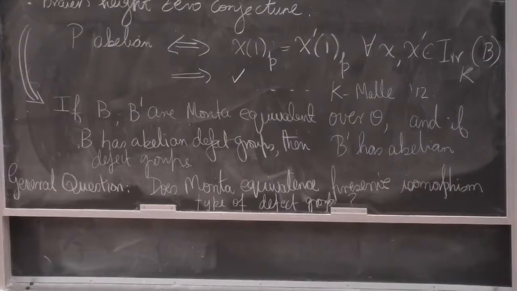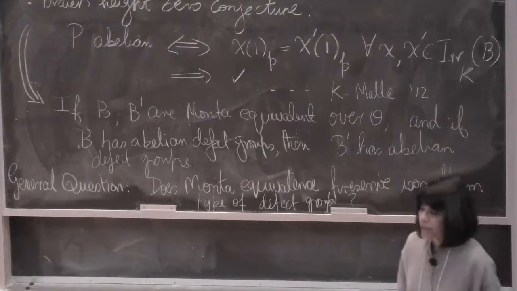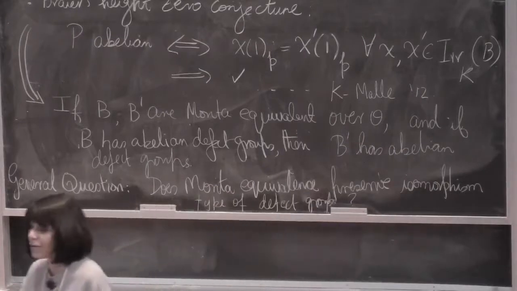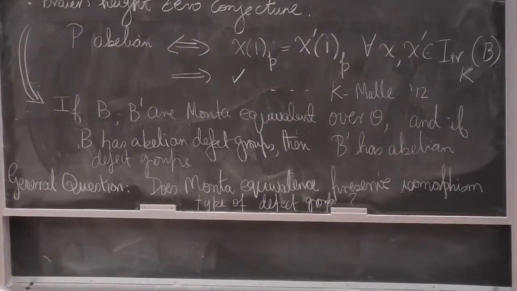So if B and B' are Morita equivalent block algebras, we know that they have to have the same defect, so their defect groups have to have the same size, that we know.